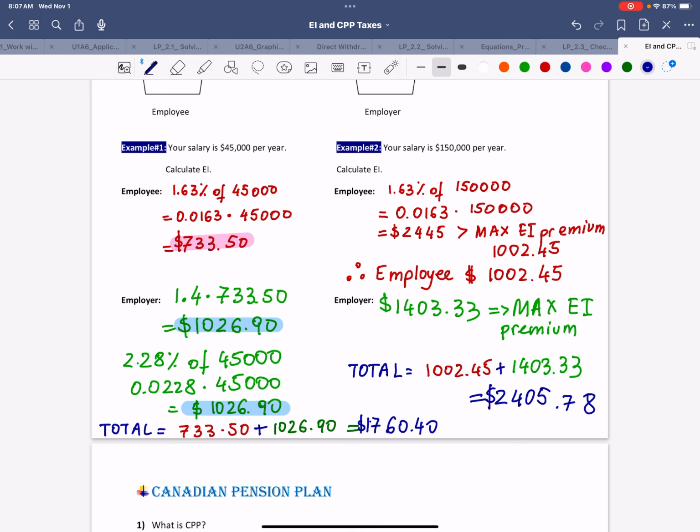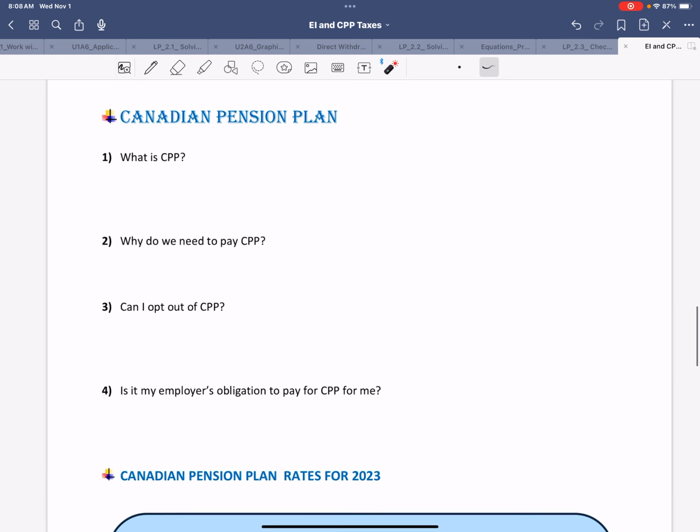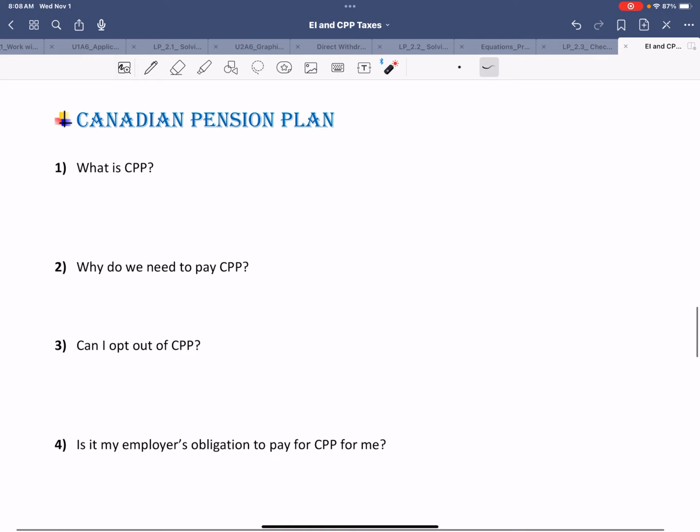So that's the total amount of money that the government will deduct from a salary or a paycheck of $150,000 per year. So next, we'll move on to Canadian Pension Plan.